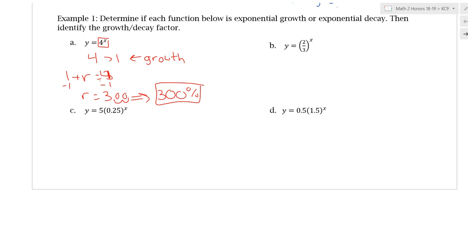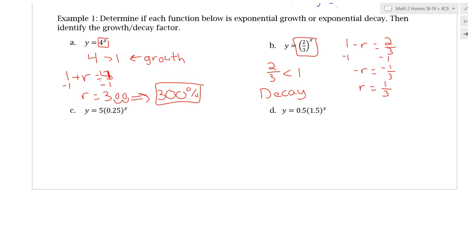Okay, so here, our base is 2/3, which is less than 1. So that's decay. So that means 1 minus r equals 2/3. You'll get better at these as you go, but we still need to look at it. Subtract 1. So r equals 1/3.